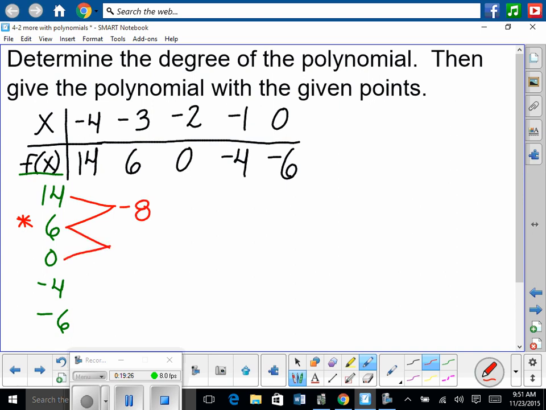And then we take 0 minus 6, negative 6, right? And then negative 4 minus 0, negative 4. And then negative 6 minus negative 4, negative 2. Are they the same when we took the differences the first time?